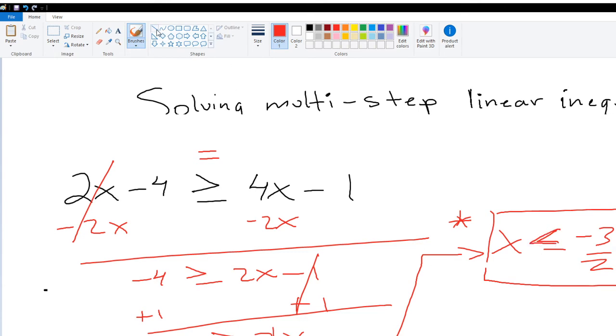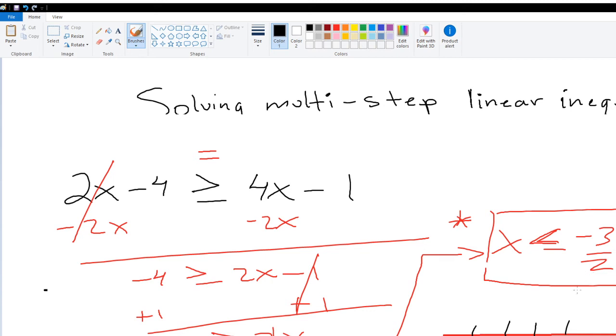To graph something like this, we could go to the number line, and so this is 0, 1, 2, 3, and negative 1, negative 2, negative 3. This implies that x, or the solution, has to be less than or equal to negative 3 over 2.